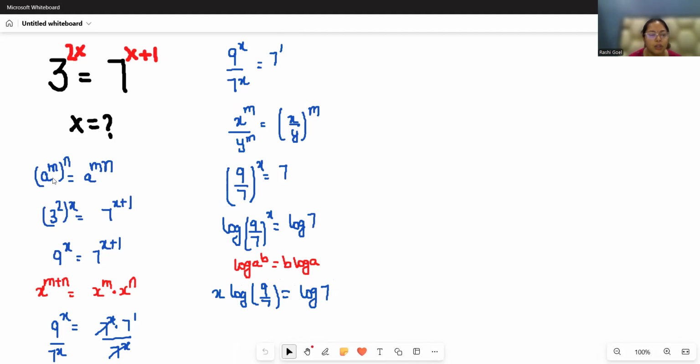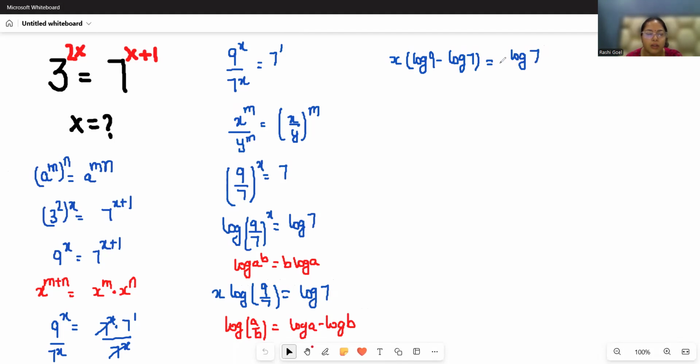As per log rule, log a by b, we can write log a minus log b. So x times (log 9 minus log 7) equals log 7.